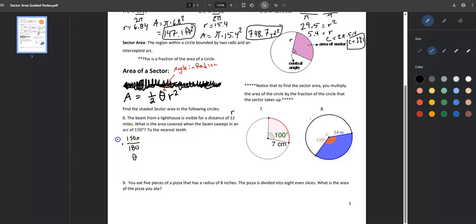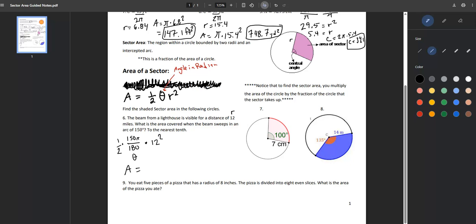Okay? Then I times it by 1/2 to find the area, and I times it by r squared, so 12 squared. And this whole thing will give me the area. So again, I have to take my angle, convert it by putting the pi and dividing by 180, and then go from there.